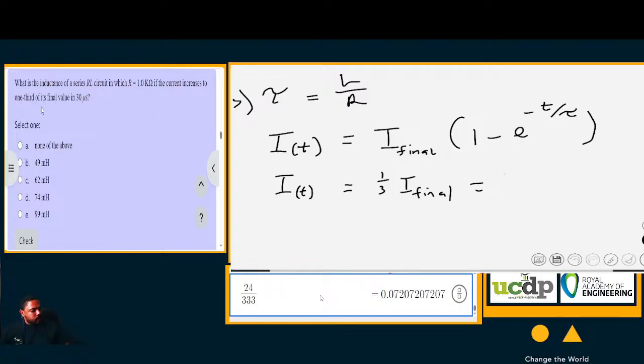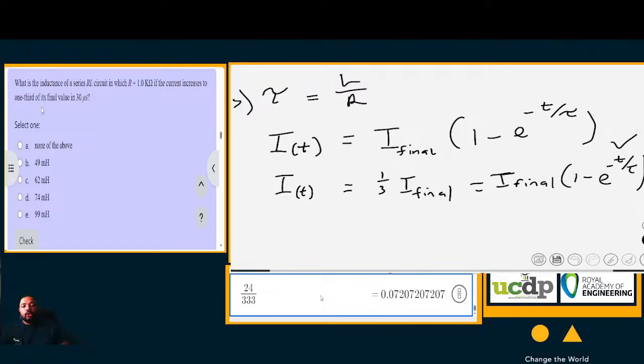And 1/3 of its final current can be calculated using the formula we wrote down above, I final times 1 minus e to the negative t over that time constant. If it's 1/3 of its final current, so this function here should be equal to a third.